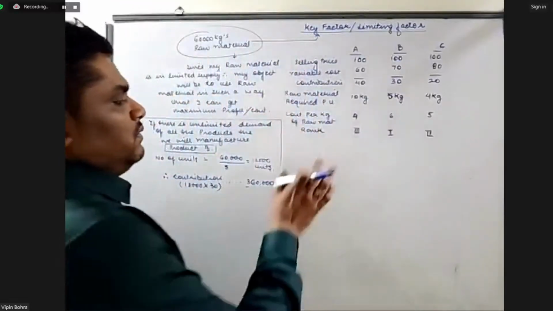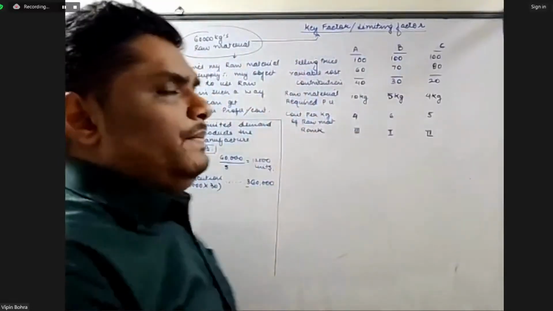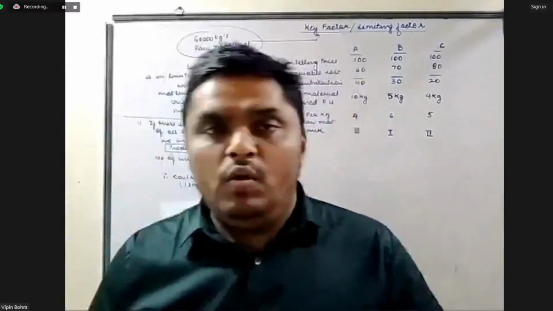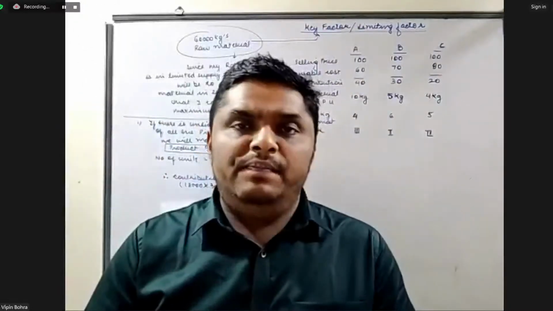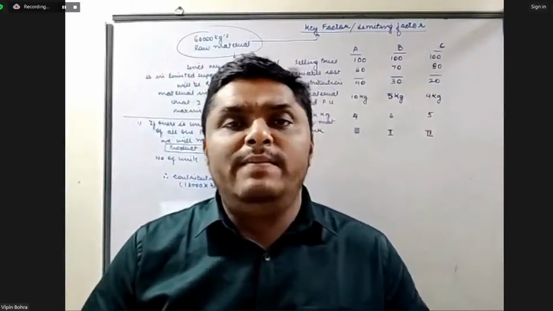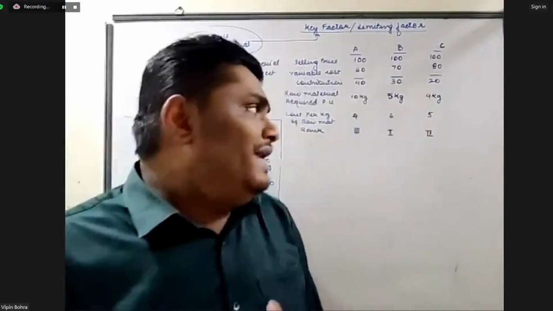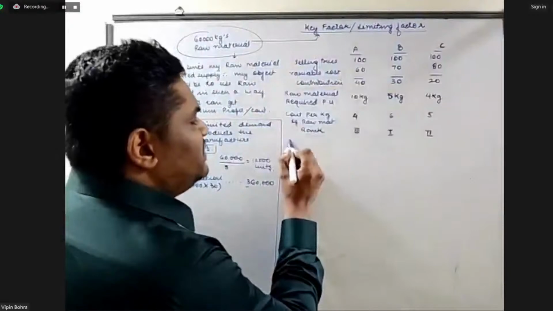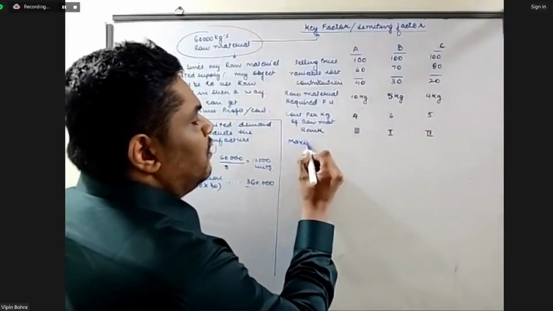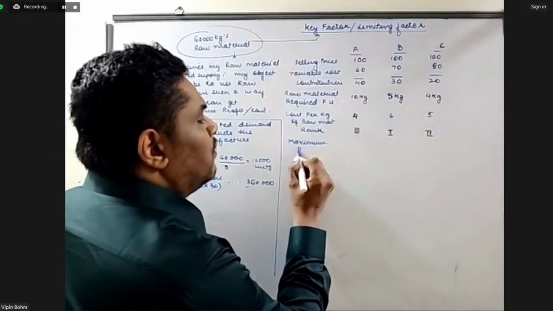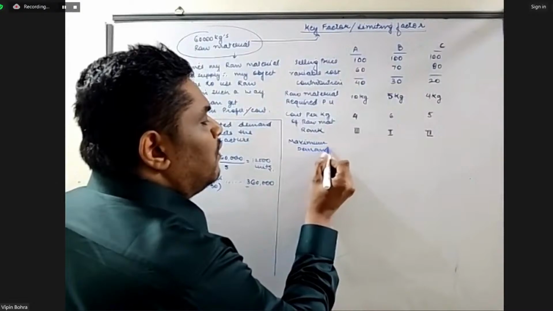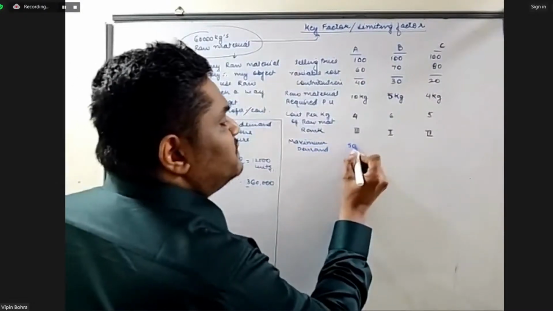Now, let's say one more question is given wherein the maximum demand is also given. There is no unlimited demand of any of the products. Let's say maximum permissible production is given, let's say 5,000 units.